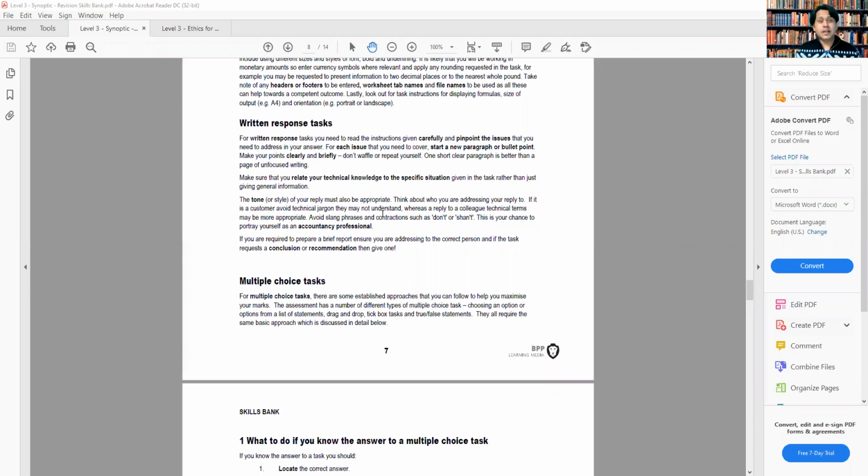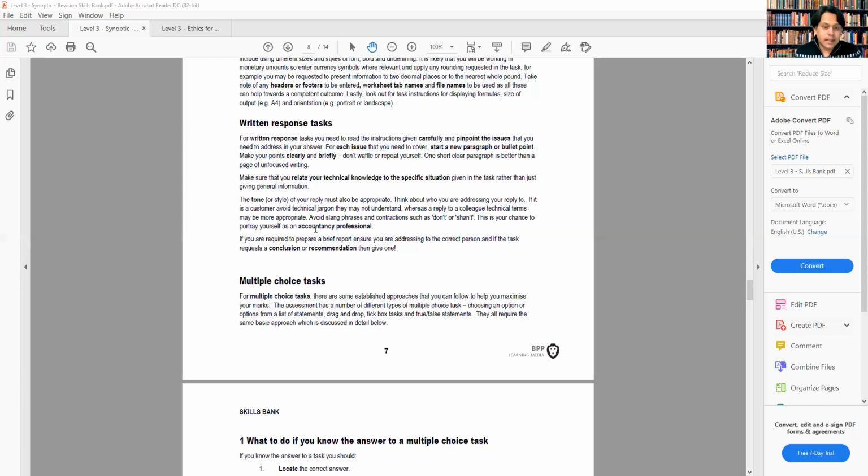So if a customer asks you some question, you don't try to use the words depreciation, receivable, sales ledger control, purchase ledger control, because the customer is not the accountant, isn't it? So he will not understand that. It will not give you any credit in the exam. So you need to make sure you don't use any technical word for the general people. But if it is your colleague, then you can use that. There is no problem with that. Reply to your colleague, you can use the technical term.